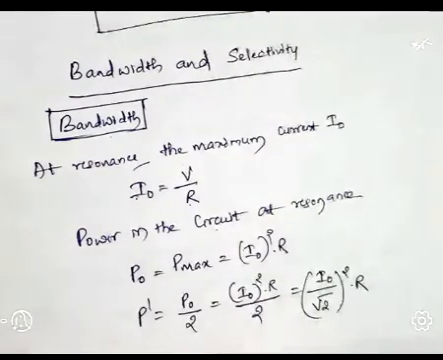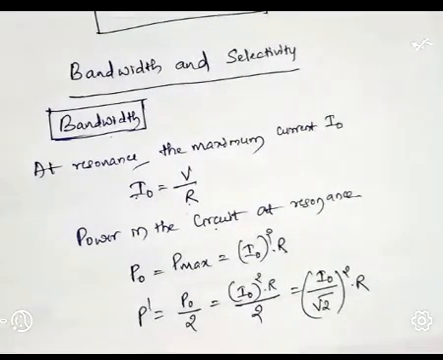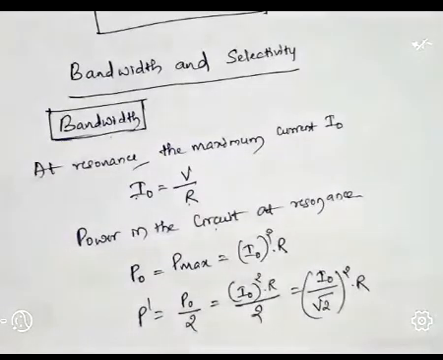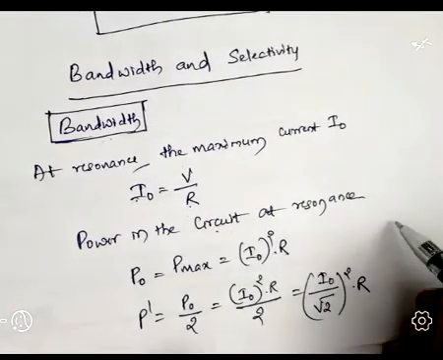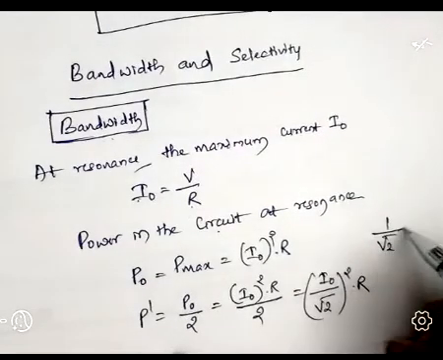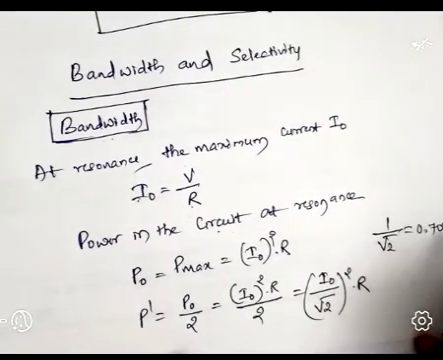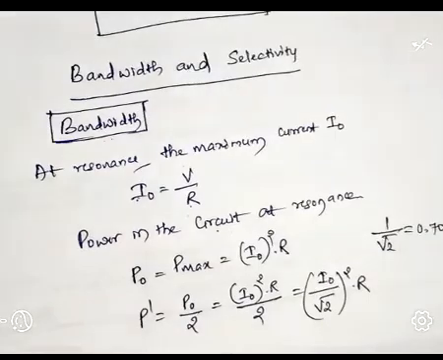Okay. So what we got here, at the frequencies where power in the circuit is half of its maximum value, the current becomes 1 by square root of 2 times, and 1 by square root of 2 is equal to what? 0.707.